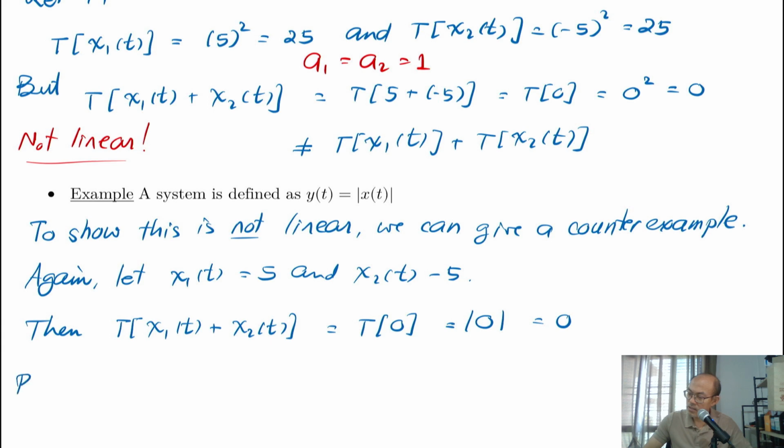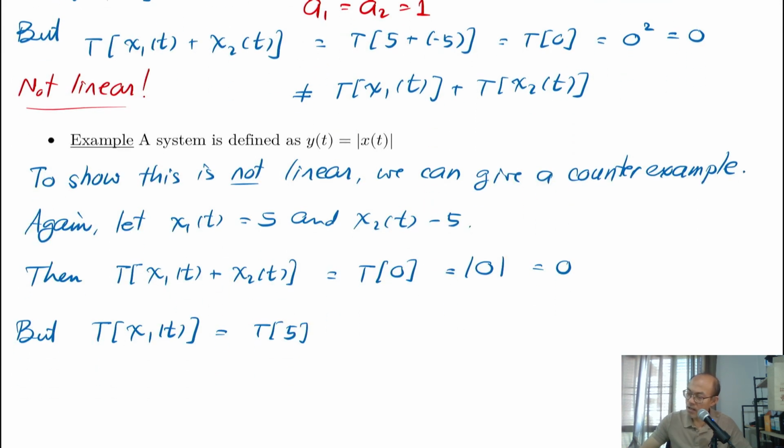But T of x1 equal to T of 5, and that is absolute 5, which is 5, and T of x2 equal to T of minus 5, and that is absolute minus 5, which is 5 again.